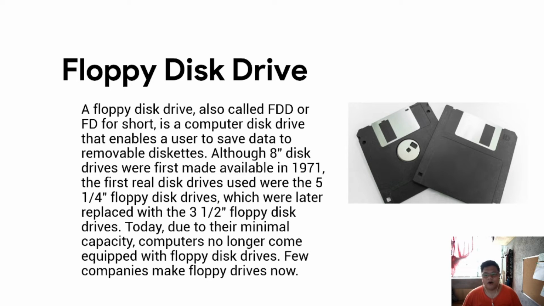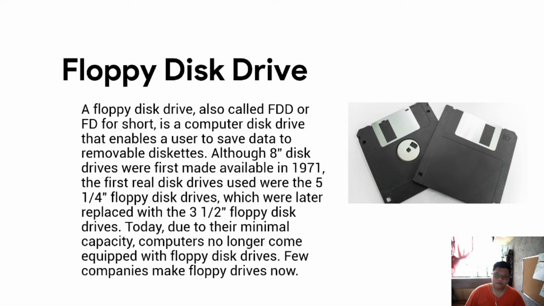Another type of magnetic hard drive or magnetic storage is what we call the floppy disk drive. A floppy disk drive, also called FDD or FD for short, is a computer disk drive that enables a user to save data to removable diskettes.